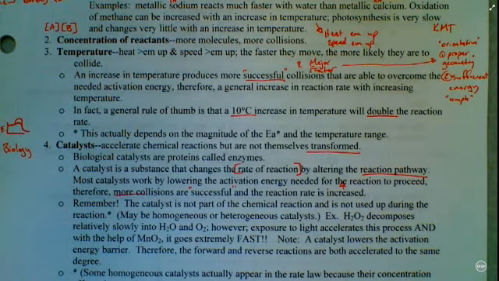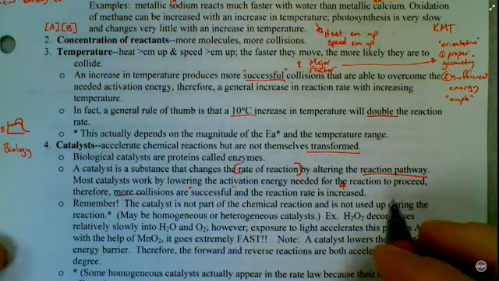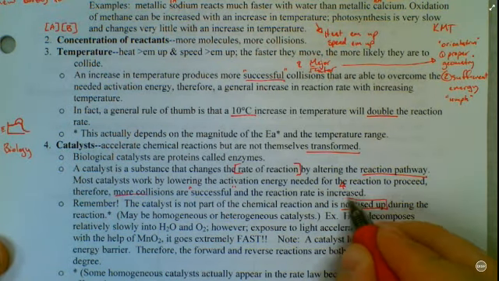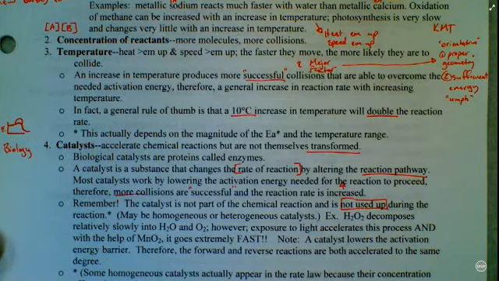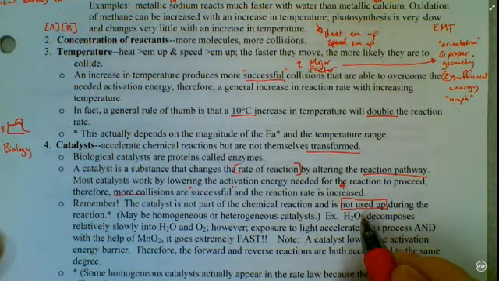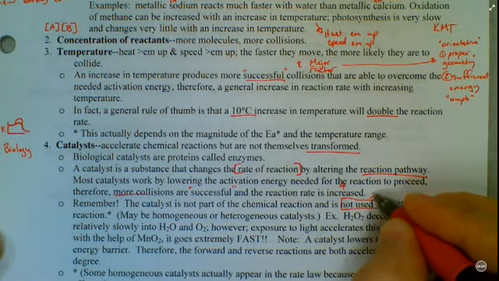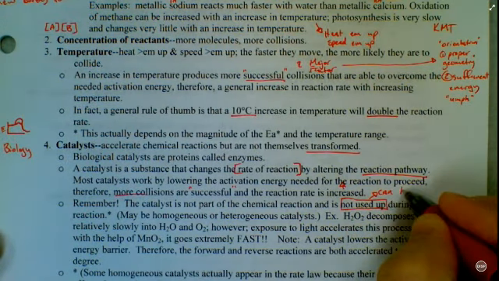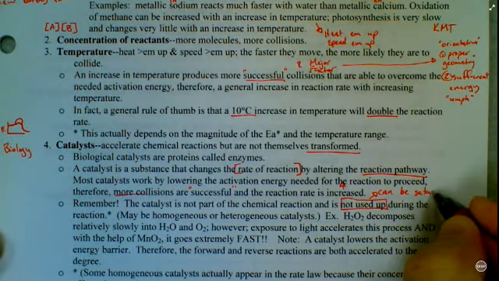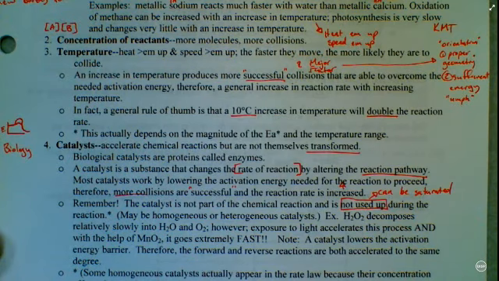Remember, the catalyst is not part of the chemical reaction itself, and it's not used up. Okay, it is not used up because you're not actually transforming the catalyst. It stays there. But even though it's not used up, it can become saturated. It can become saturated, which means you have more potential reactants than you have enzymes to facilitate their reaction, right?